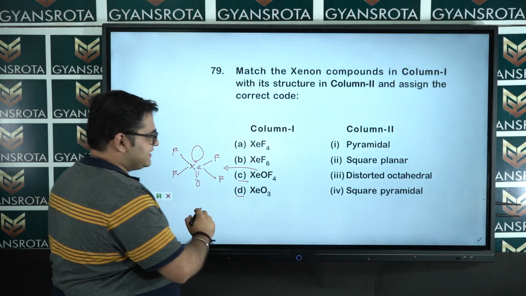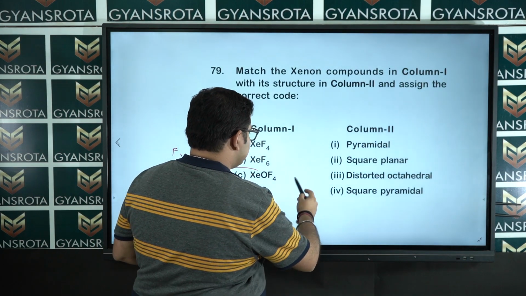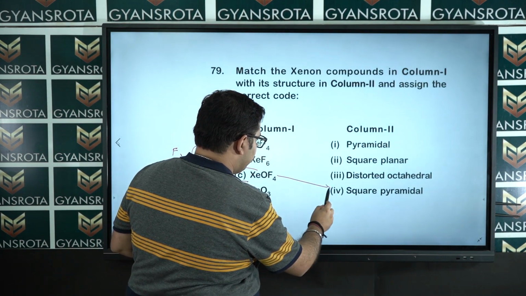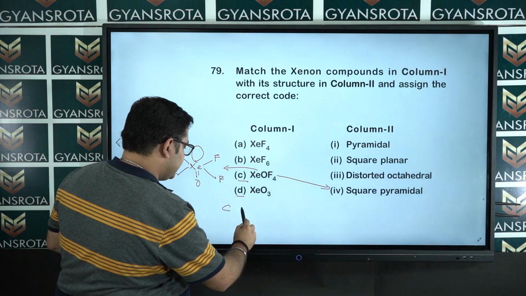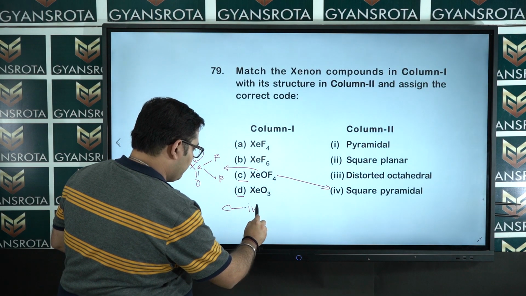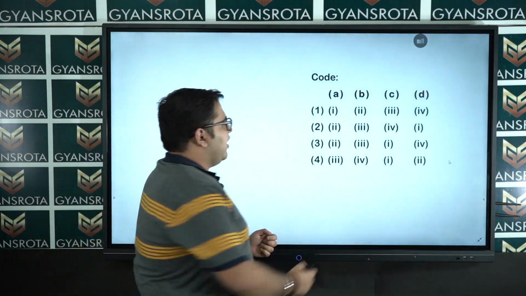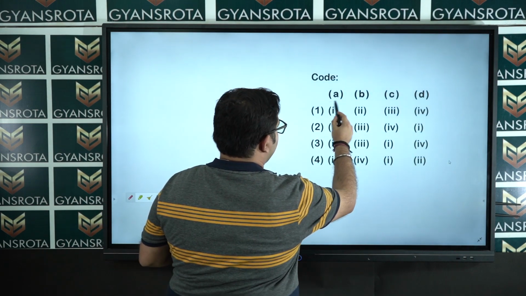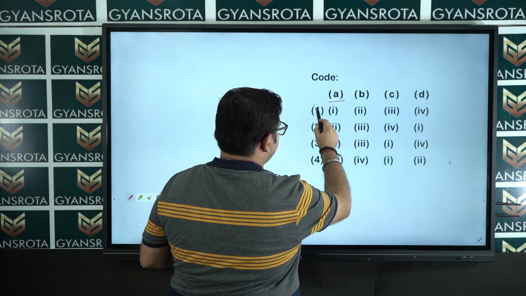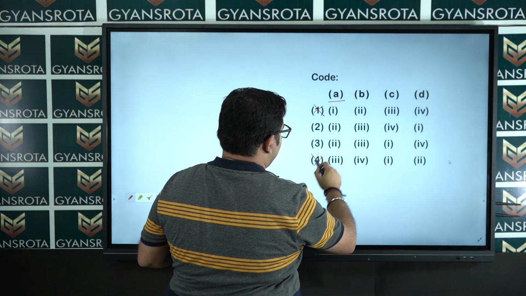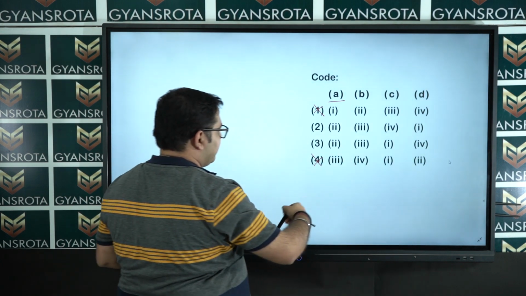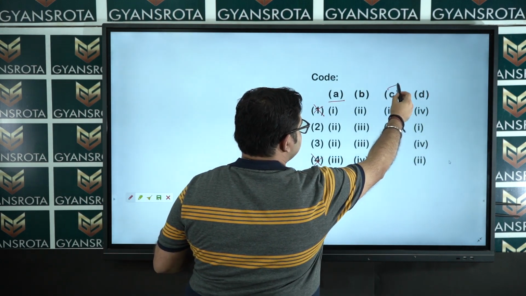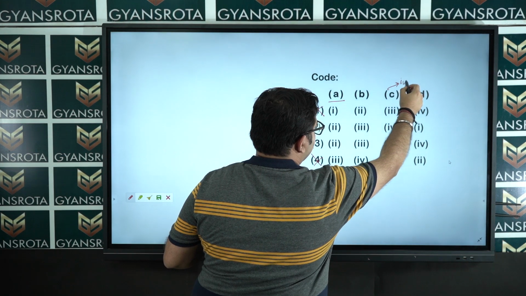This structure is nothing but the structure of square pyramidal. So option C is matched with option 4. These two are already neglected and the remaining two we have to leave. We already know that option C is matched with option number 4.